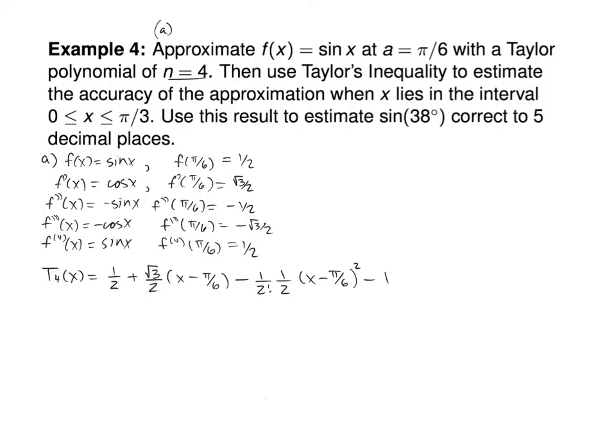Next we have a negative 1/3 factorial, √3/2 times (x minus pi/6) to the third. And finally, 1/4 factorial, 1/2 times (x minus pi/6) to the fourth.